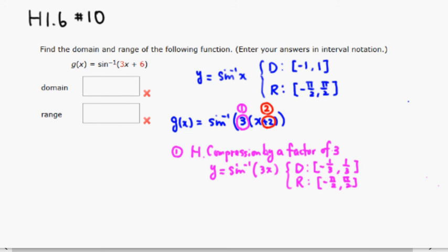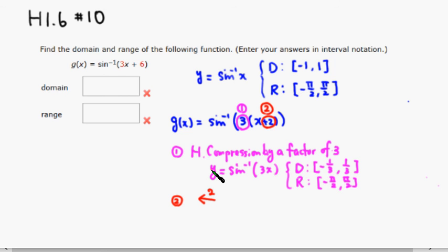Let's look at the second transformation. Inside the parentheses, you're adding 2, so this shifts left by 2 units. So the domain gets shifted 2 units to the left.